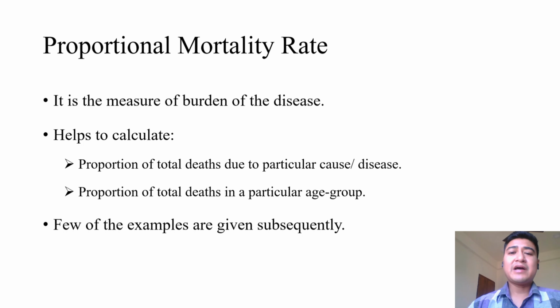Thus, we will have an idea of the leading causes of death in age specific, gender specific, or cause specific terms. A few examples of proportional mortality rate are given subsequently.